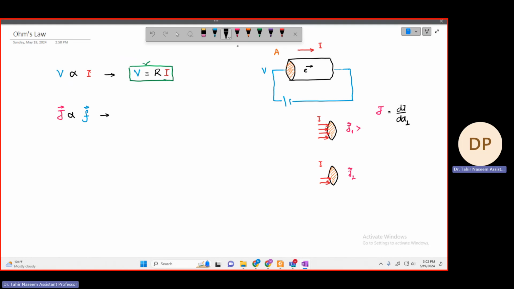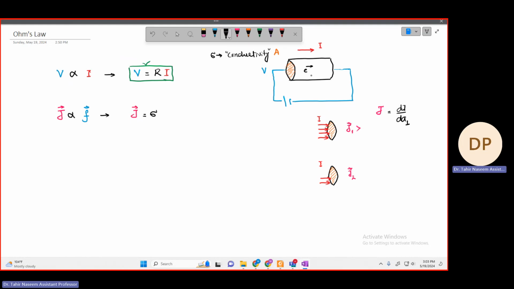Once again, in order to convert proportionality into equality, we use a constant, and in this case the constant of proportionality is sigma. Sigma is the conductivity of the material. Again, conductivity depends on the property of the material, right? For example, in the case of iron, it will be different from, let's say, gold.